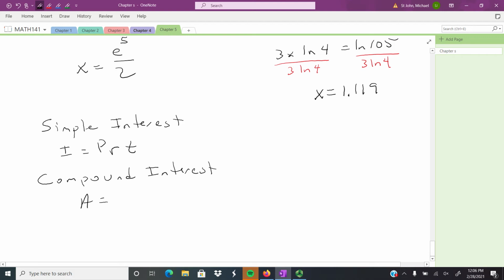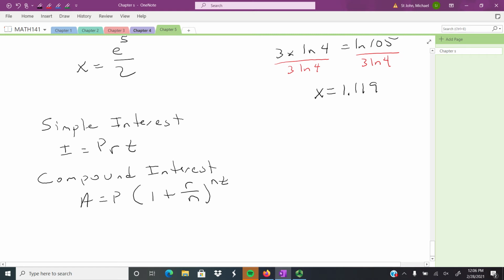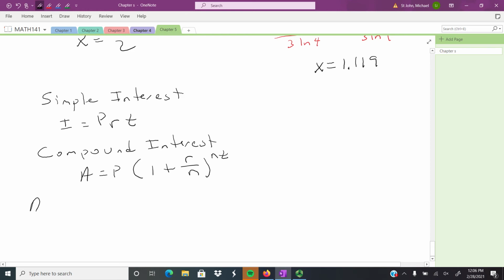Then you get compound interest. A equals P times 1 plus r over n, to the nt. Okay. And so here, A is the amount. So how much would you have? P is the principal. How much did you put into the account?